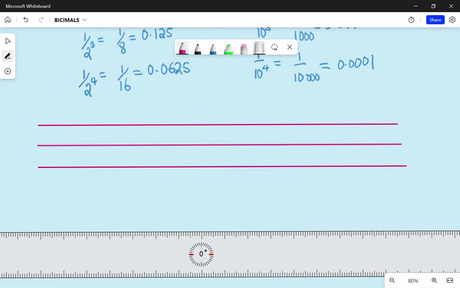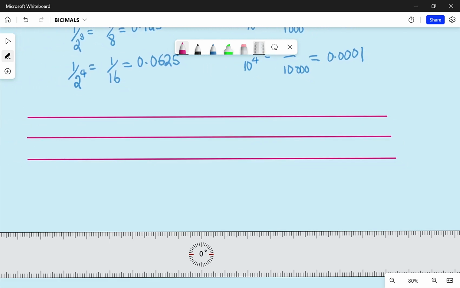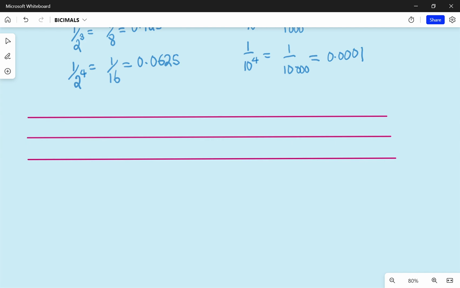So let's have this table. Here I'm going to say base 10. Here I'm going to say base 2.